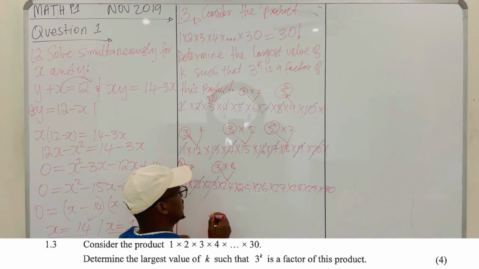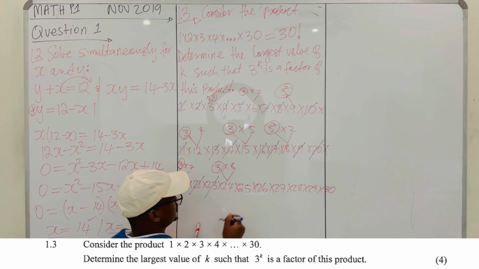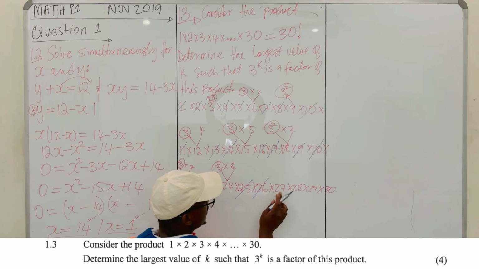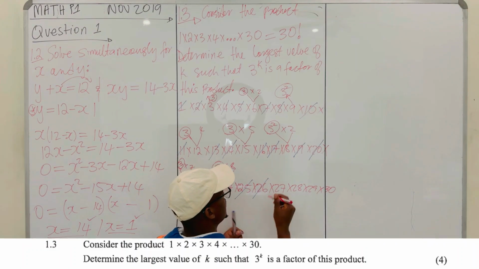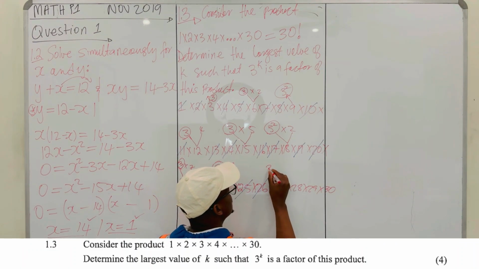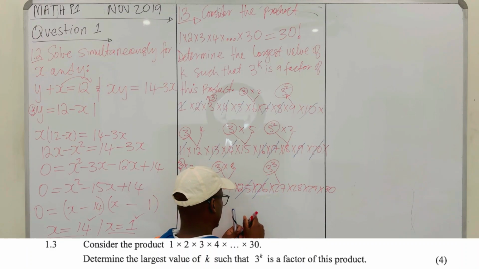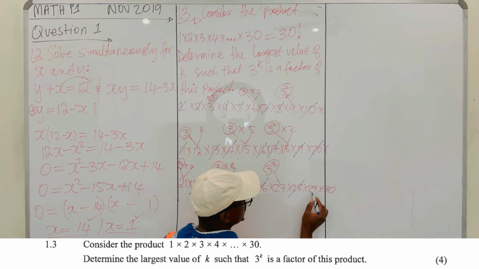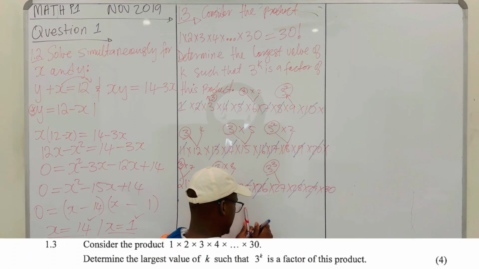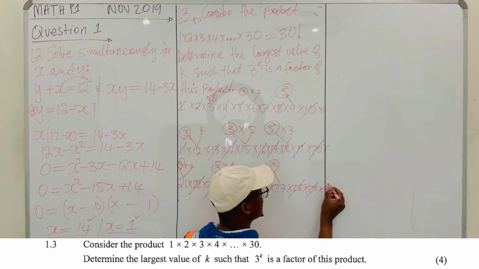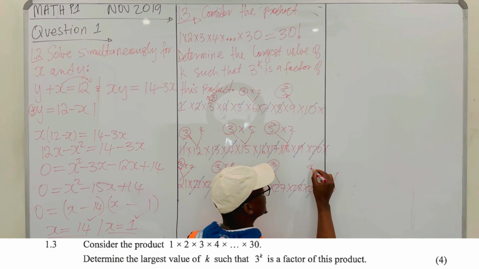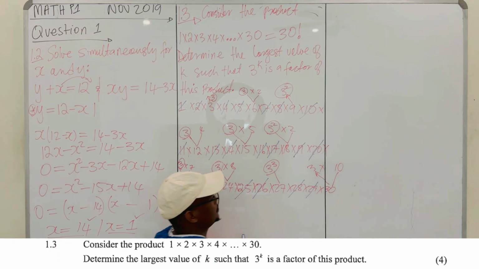So there is a 3. 25, no. 26, no. 27, yes, because 27 is equal to 3 times 3 times 3, which is 3 cubed, right? 28, there's no 3 in 28 that I know. 29, no. 30, yes, there is, because you know your 30 is equal to 3 times 10.